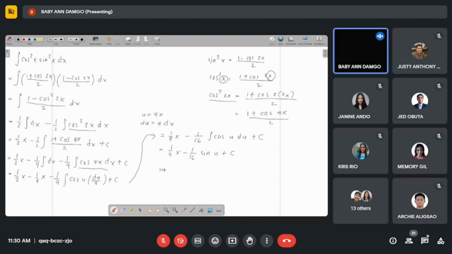Substitute the value of our u, which is 4x. So we have 1/4 x minus 1 over 16 sine 4x plus c. And this is the final answer.